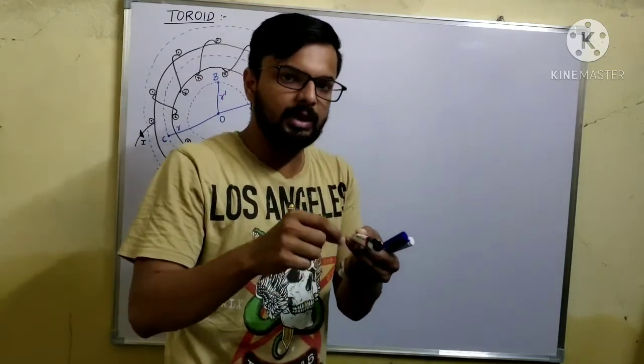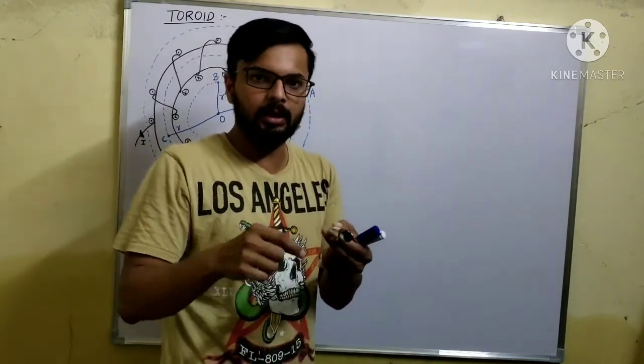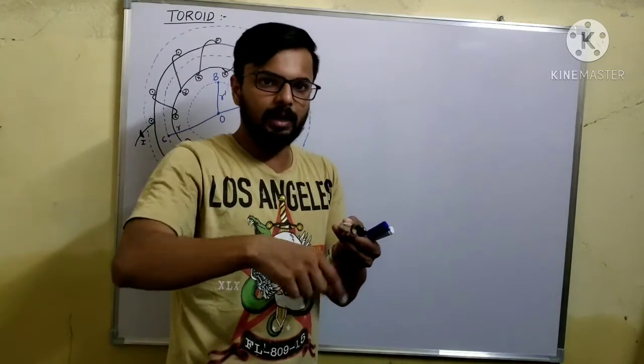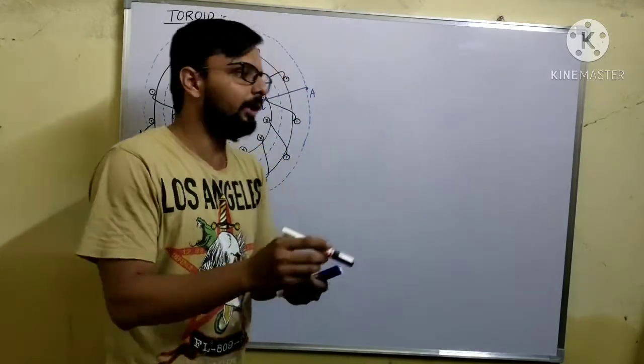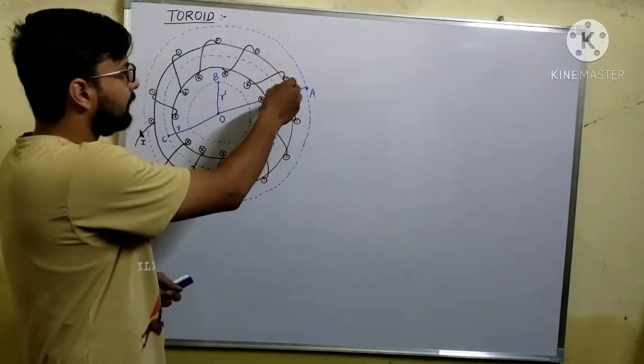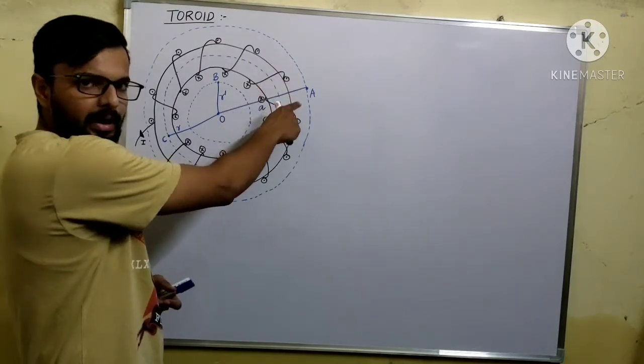So at the points at the outer diameter, the current is going out from that point. So we have denoted that direction of current by a dot.